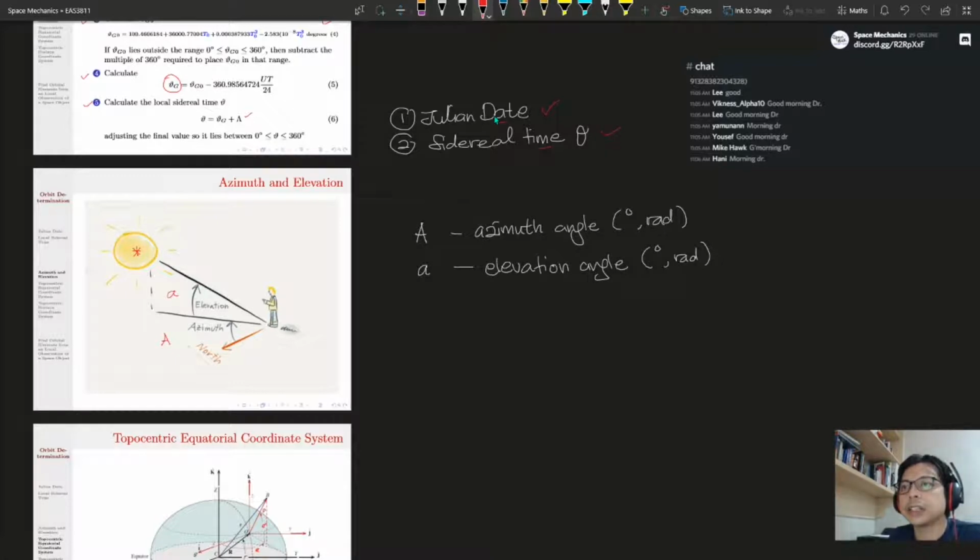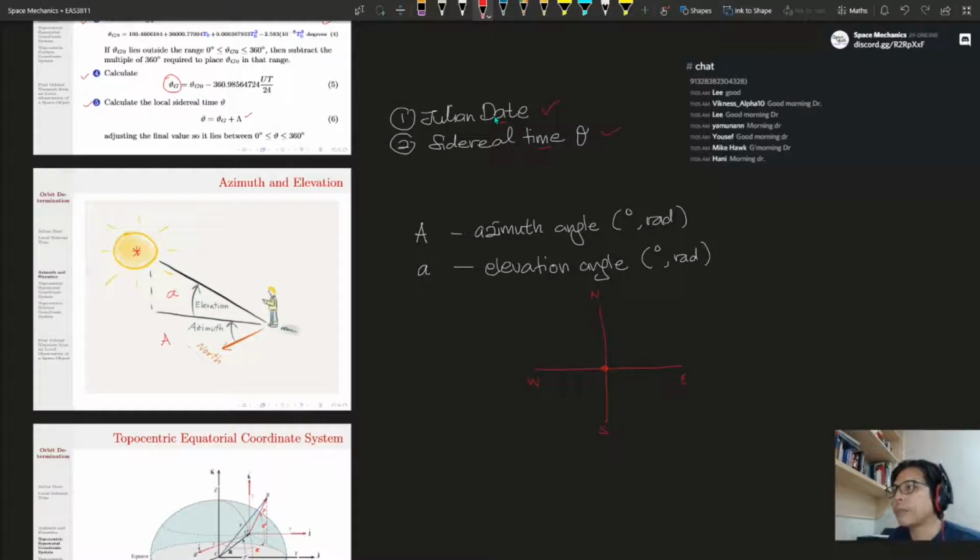It's the angular distance from north to that position. Let's say you are standing on the ground here, looking from top to bottom, so this is your head. You know this is the direction of north, this is south, east and west.